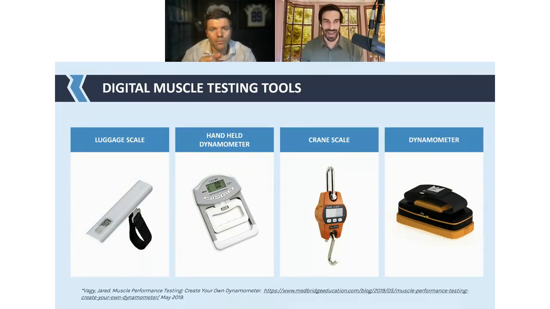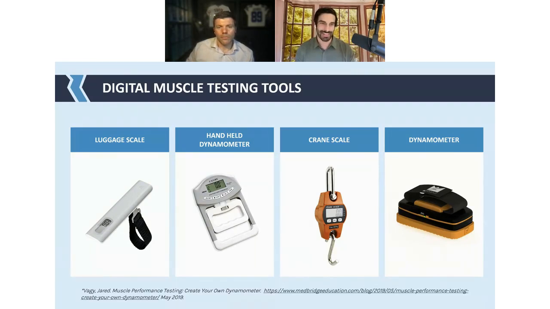I'd have an athlete grab onto that and rotate their wrist back and forth, and I would get a value. Now, the positive about those is they're really cheap. The negative is they don't hold a value. And so I would have to look at the number or video the number and see what the highest number was. And they can sometimes be slightly off on accuracy, but they were good enough.